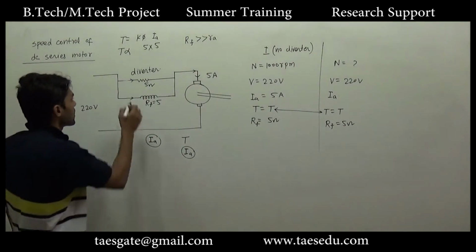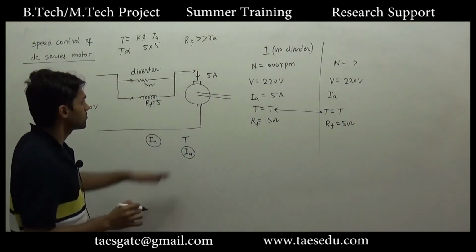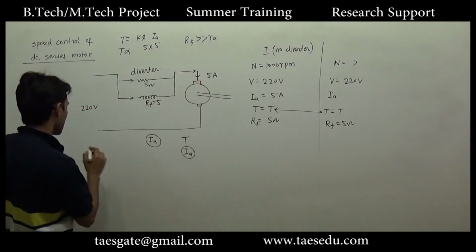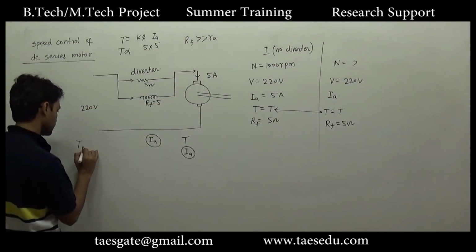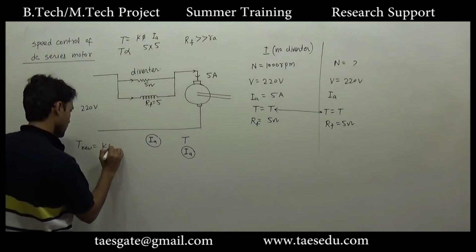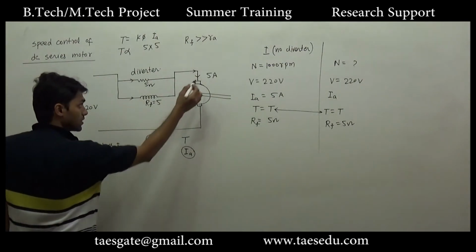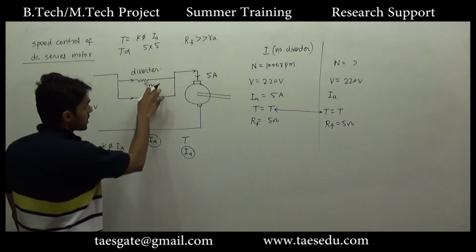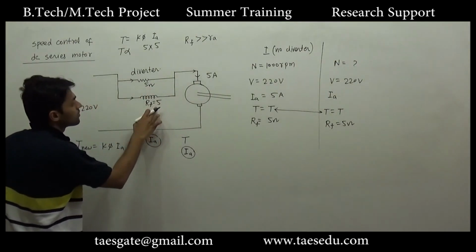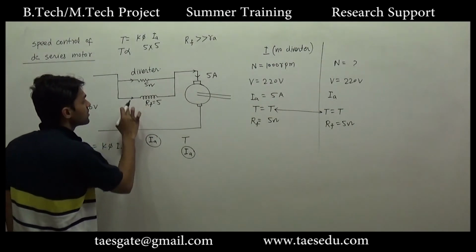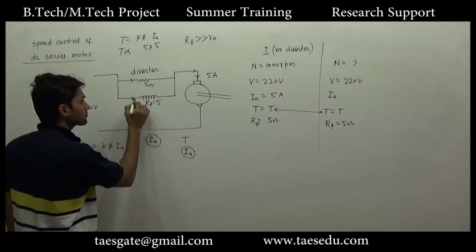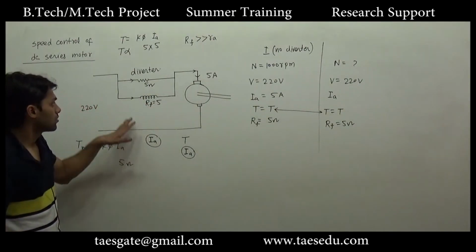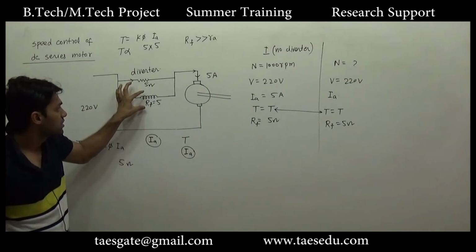In the case where we have a diverter here, suppose the armature current is the same, 5 ampere. We will again write new torque is equal to K phi into I. Let's say armature current is 5 ampere, but due to the diverter, flux is due to only that part of current which is flowing in the coil.